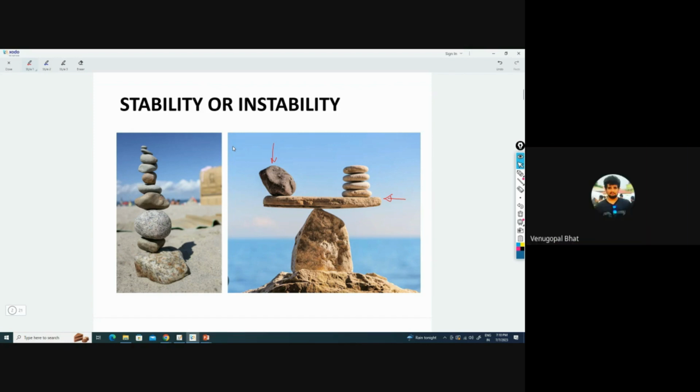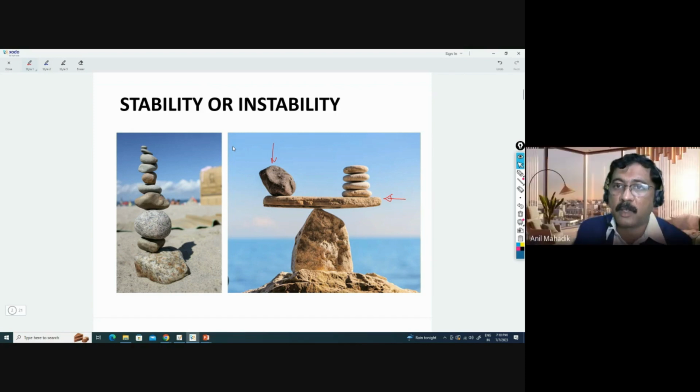Yes, sir, it's unstable. Why am I saying unstable? Visually, it looks stable, I understand. But whenever I say visually stable, it is not a stable structure. For any kind of loading conditions which it may be subjected to, it should be stable. That is the stability.